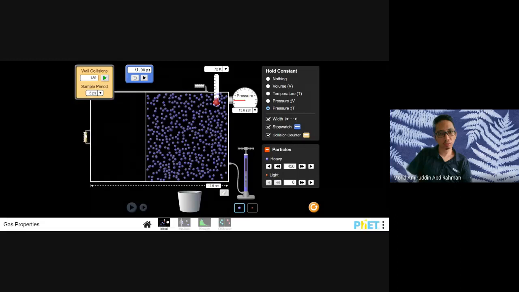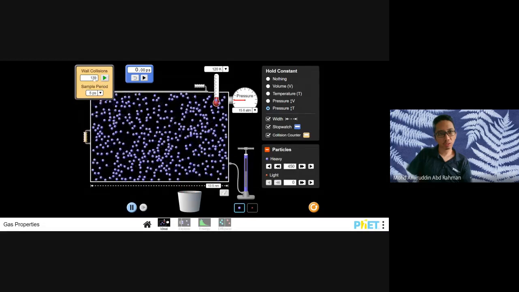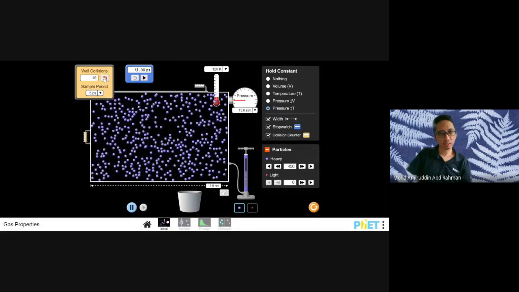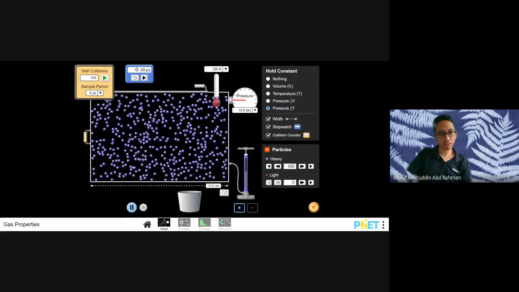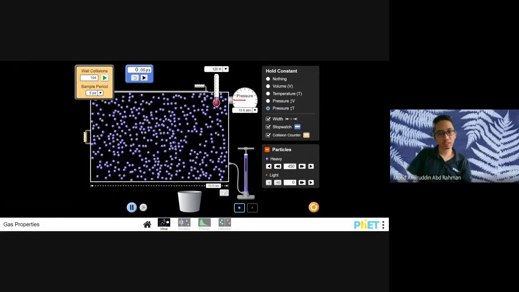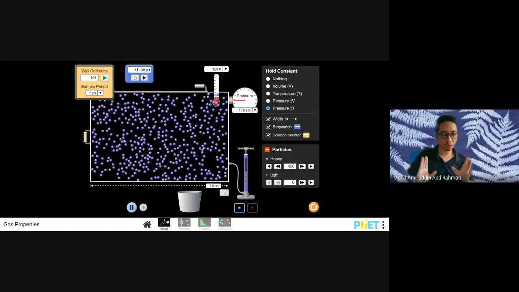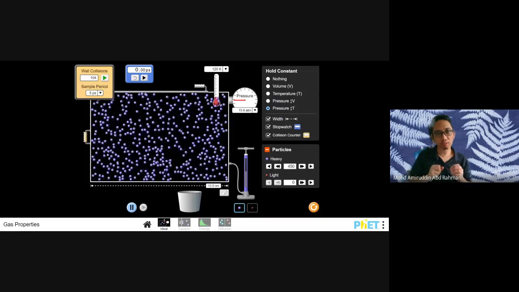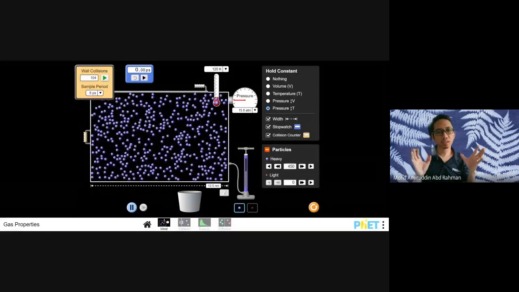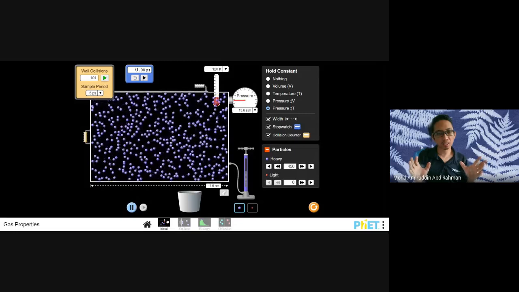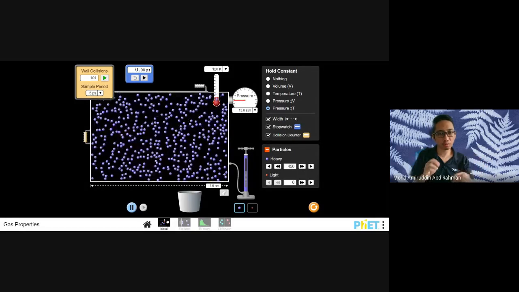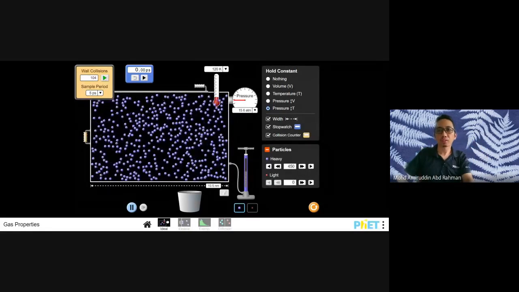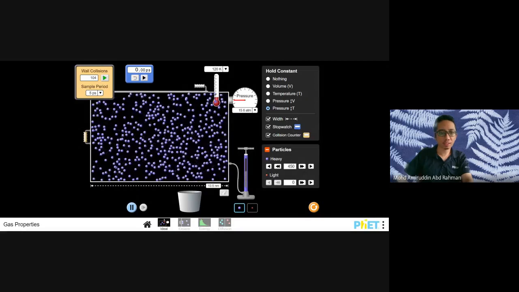If you increase the volume, it will be smaller, because the molecules now have more space to move around. So I think that should be clear.